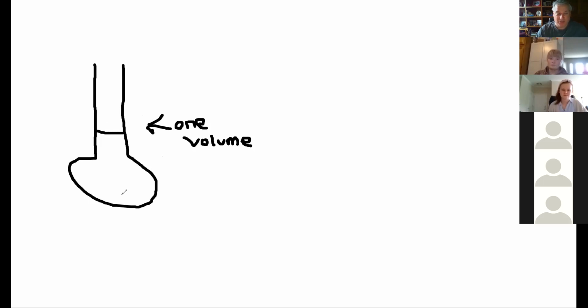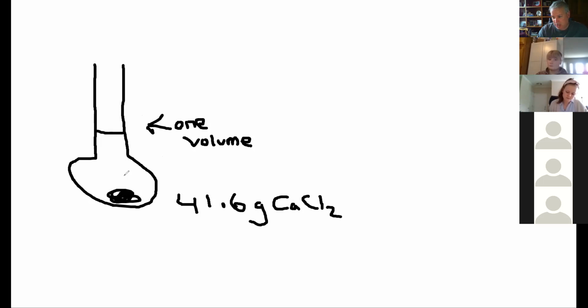So typically what we would do is we would put our 41.6 grams of calcium chloride on the bottom there, add in water to about 2/3 of the way up the neck, get it to dissolve, right?